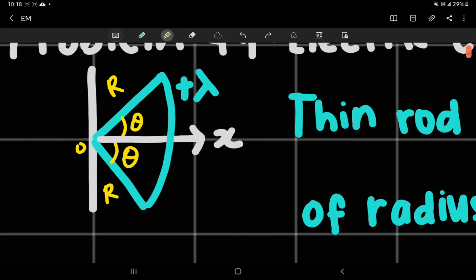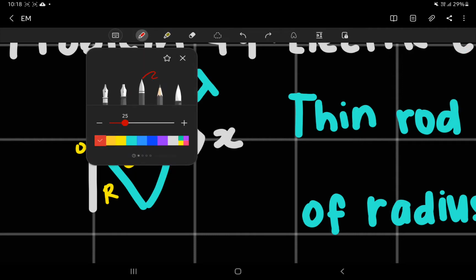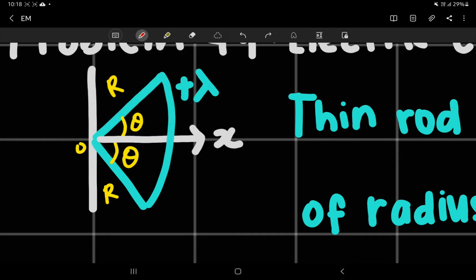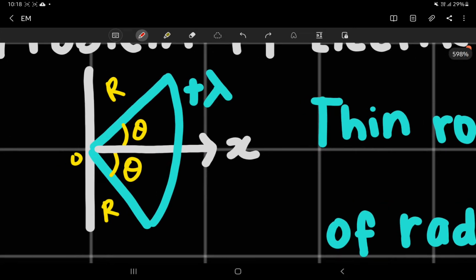First of all, we need to consider a small element of the charge. The whole rod has positive lambda, but we consider a small element of charge and a small element dE, so that we can integrate from negative theta to theta later on.